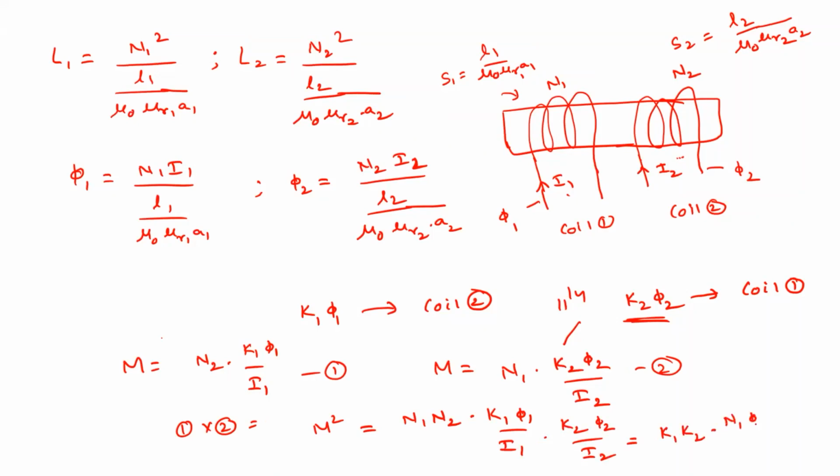N1 phi1 by I1 into N2 phi2 by I2. What is N1 phi1 by I1? It is L1, and this is L2. So M square equals K1 K2 into L1 L2.